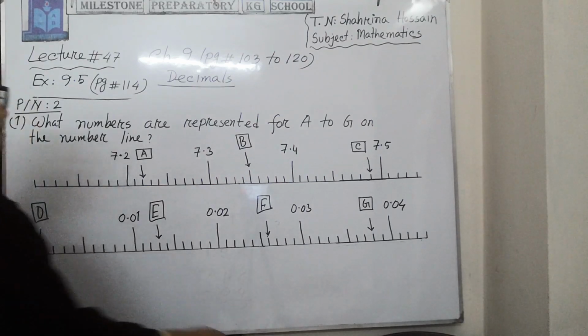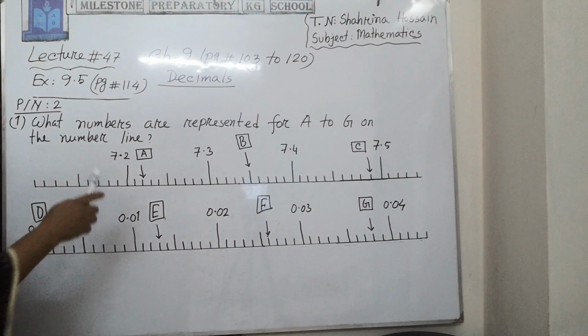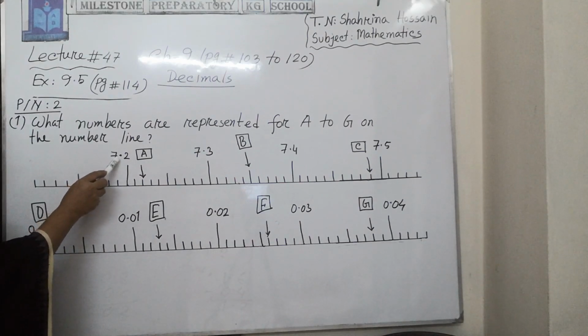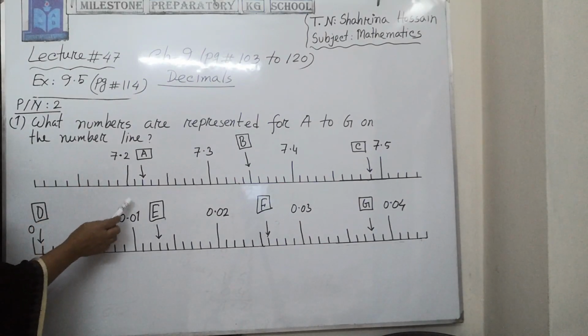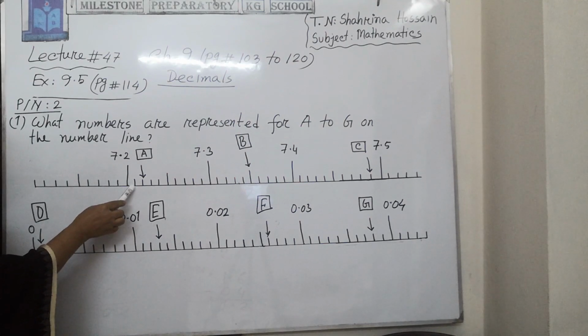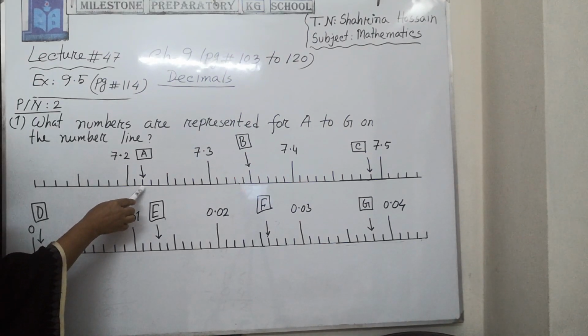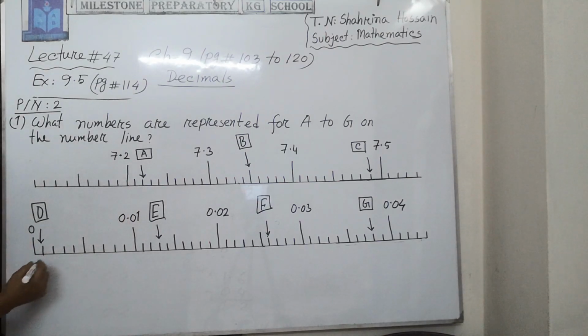How can you find the number? See, here this number is 7.21 and that line is 7.22.